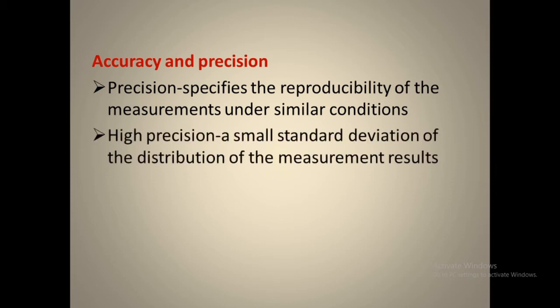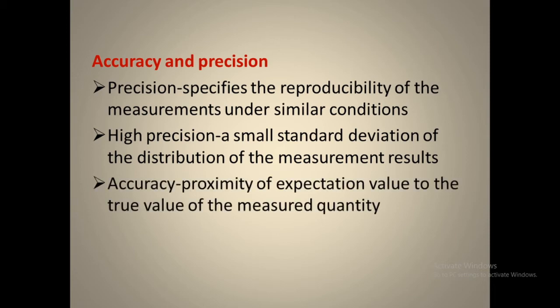High precision is associated with a small standard deviation of the distribution of the measurement results. The accuracy of dosimetry measurements is the proximity of their expectation value to the true value of the measured quantity.